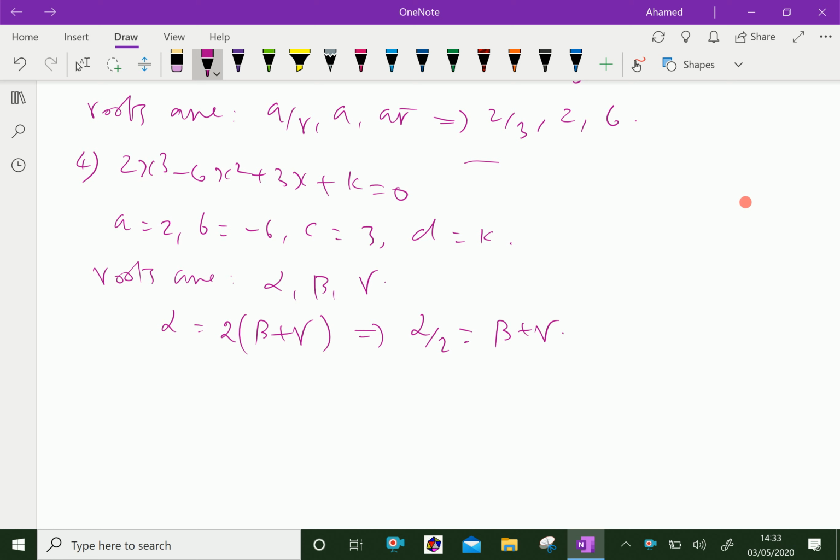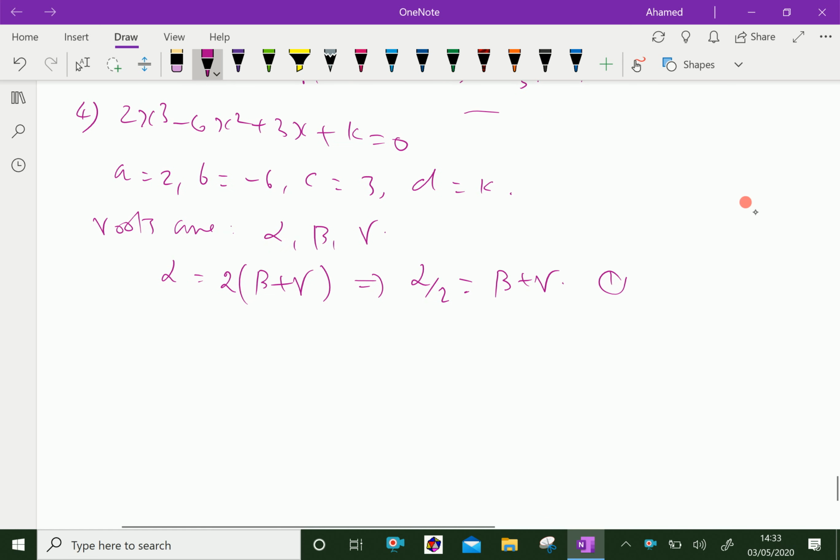Let it be 1. Now the sum of the roots, alpha plus beta plus gamma, equal minus b by a, which is minus of minus 6, that is 6, by 2, that is 3.